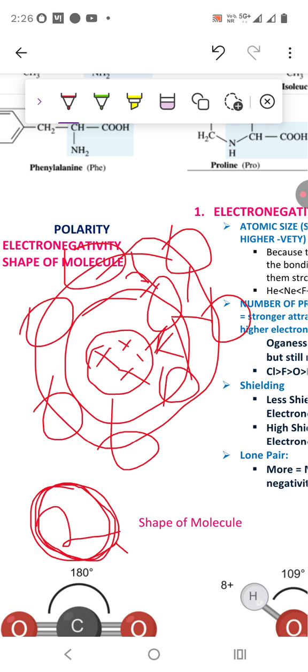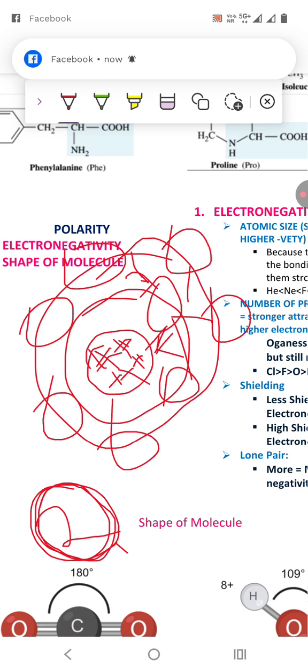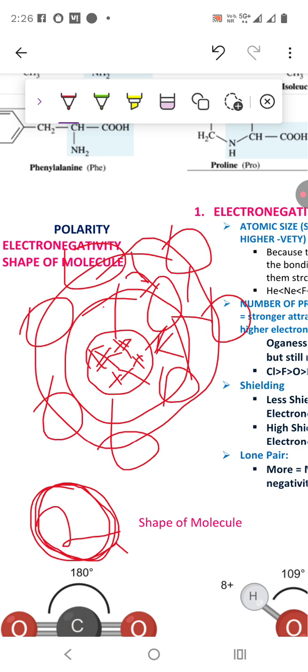The less the shielding, the more the electronegativity. Why? Because the positive charges inside the nucleus, these protons, will attract negative electrons. The more electrons it attracts, the more electronegative that atom is.